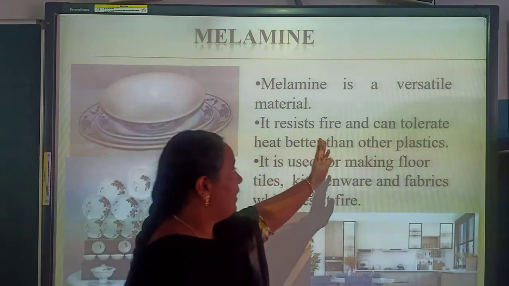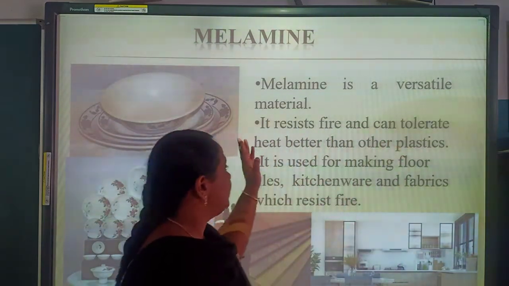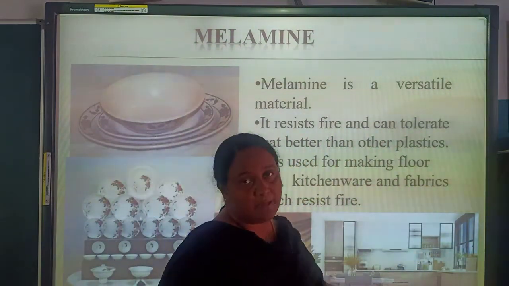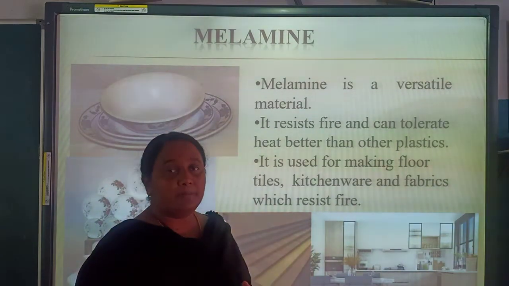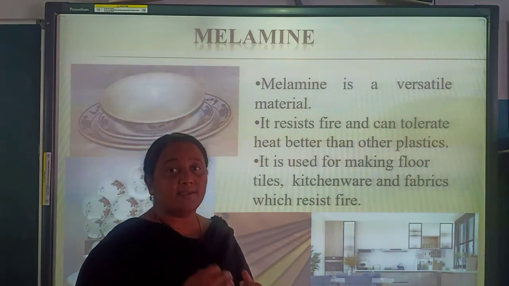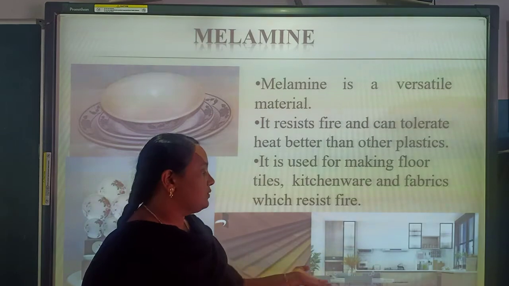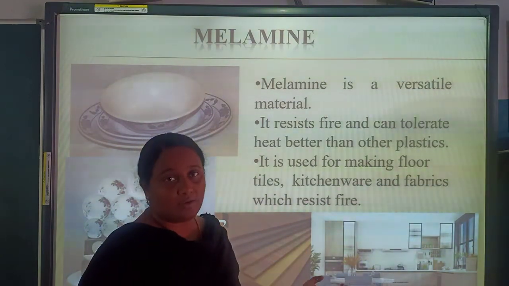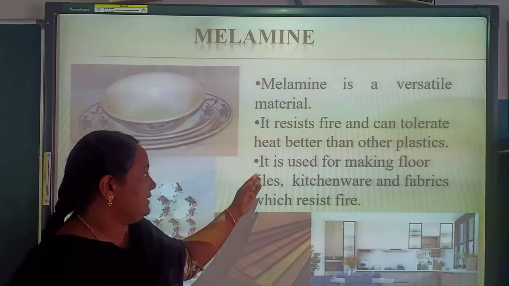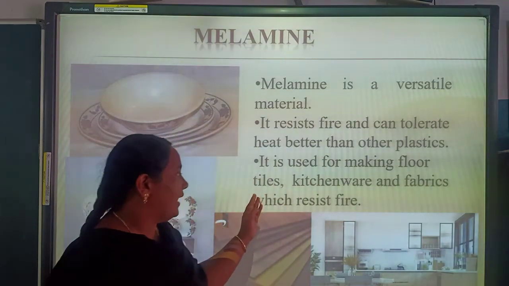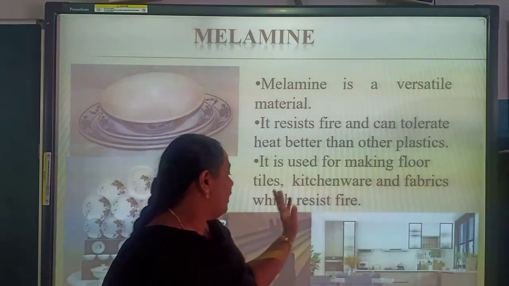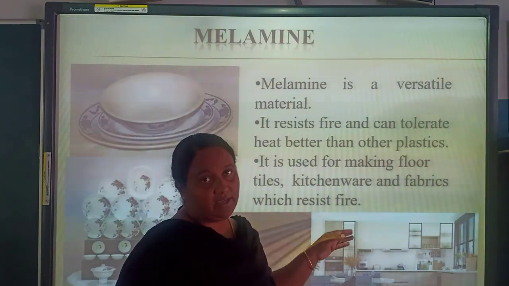It resists fire and can tolerate heat better than other plastics. Compared to other plastics, it can resist more heat. So it is used for making boards and doors. Then it is used for making floor tiles, kitchenware and fabrics which resist fire.